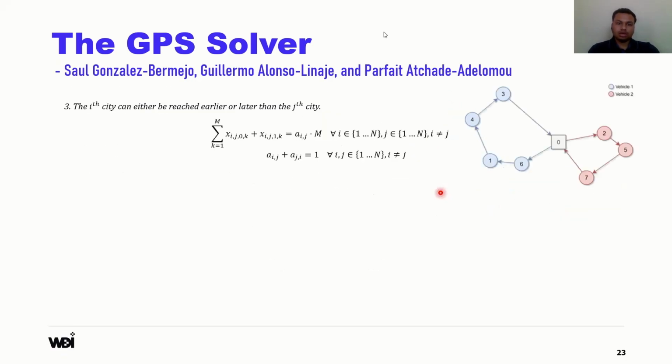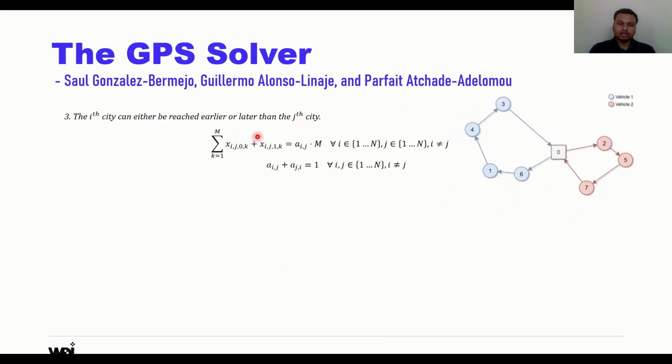Third, the third constraint states that the order in which cities i and j are visited must be fixed. Please note here that it is not necessary that both cities i and j are visited by the same vehicle. This third constraint gives the relation between the type of variables x and a.